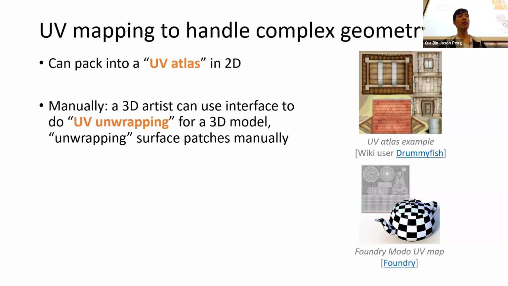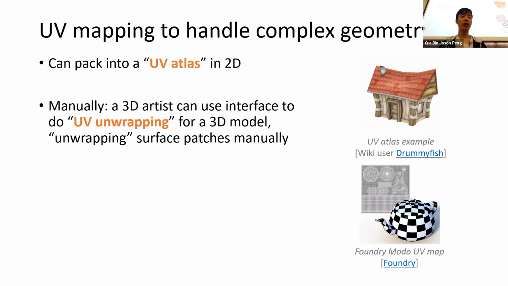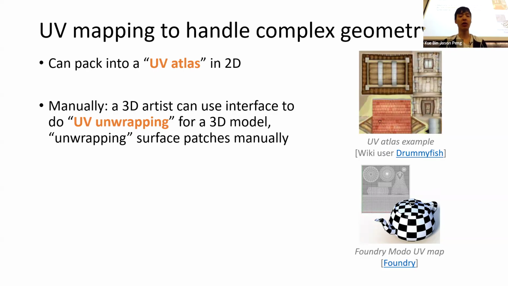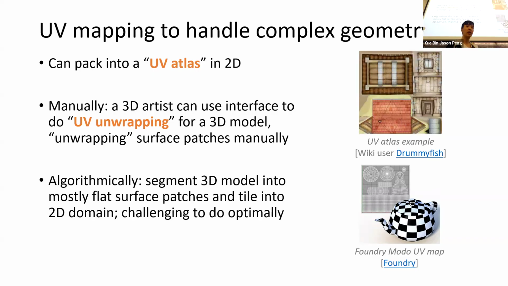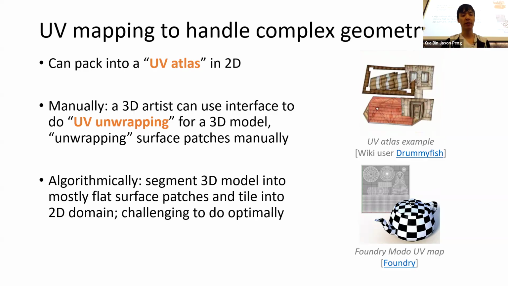So in practice, this is done either manually by hand by an artist, or we can use some heuristics to try to automatically construct this UV atlas. But again, these heuristics might give you a reasonable UV atlas of a mesh, but might not necessarily give you the optimal packing.